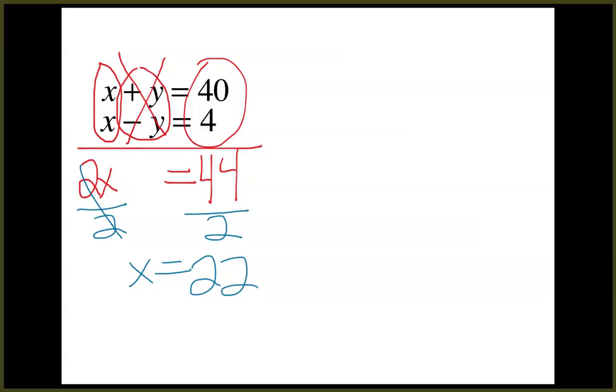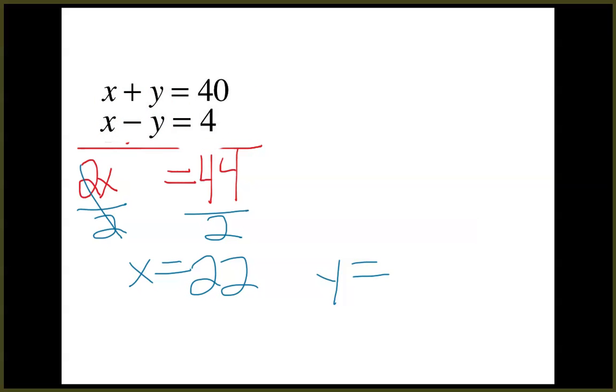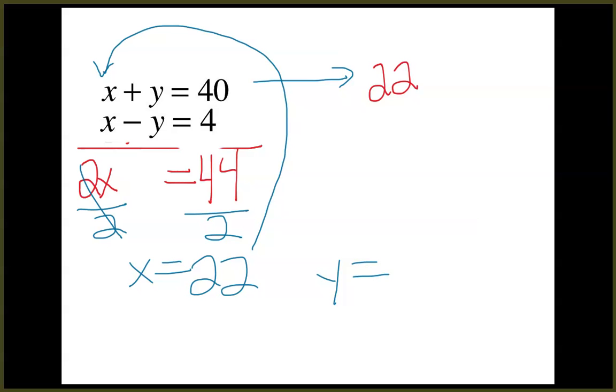Now we just need to figure out what y is. But that's going to be pretty simple because if I get rid of all this stuff up here and go back to my original system of equations, I can take this 22 and I can plug it right there so that then I have 22 plus y equals 40.